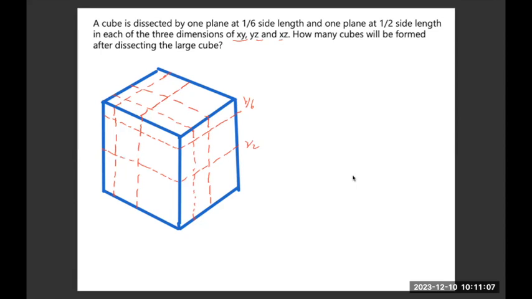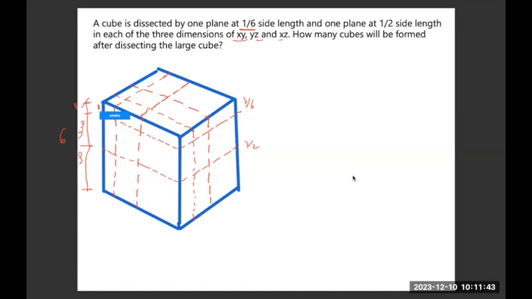Now, I'm attributing one length. I'm assuming that the overall dimension of the cube is 6, because my lowest side length is 1/6. Which means the half will be 3 and the other half will also be 3. So the 1/6 will be 1 unit.